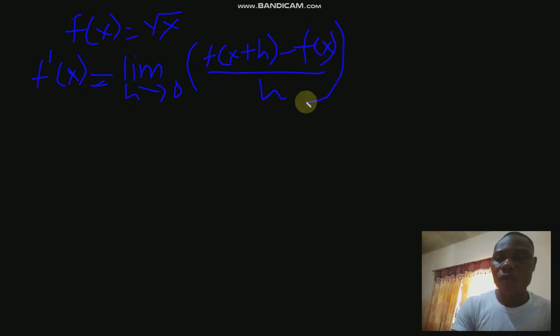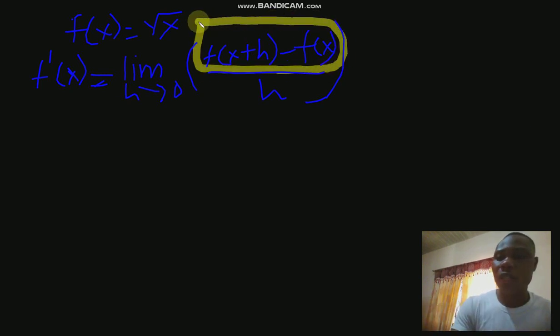So what are we going to do? We are going to tackle the numerator first. f of x plus h will give us the square root of x plus h.